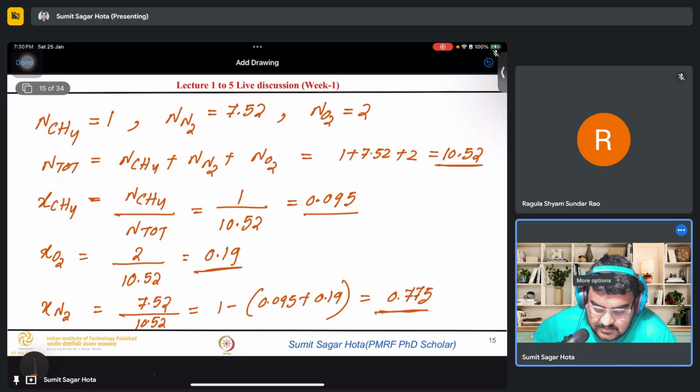Now we have the mole fraction of the i species CH4, O2 and N2. Now we need to find out the molecular weight of the mixture.